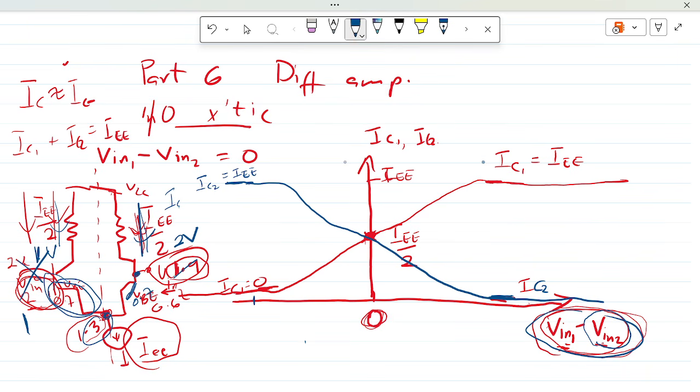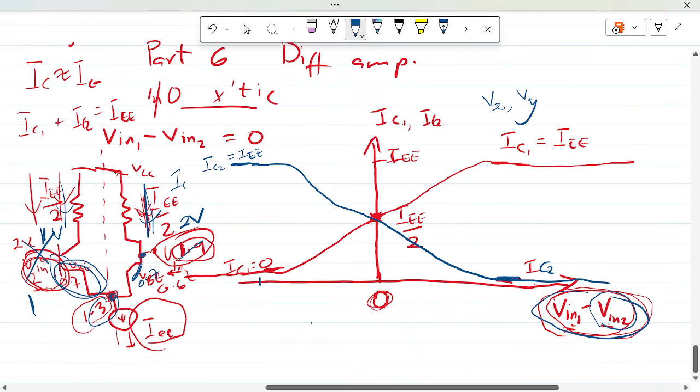Now what if we wanted to plot the differential input against the single stage output, Vx and Vy? By this I mean Vx, let me call Vx here, and let me call Vy the output here.